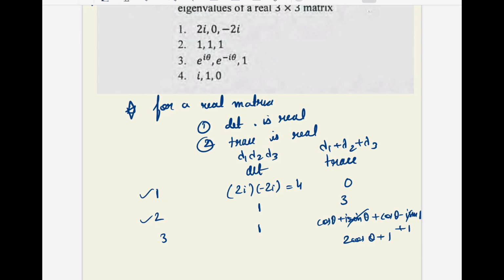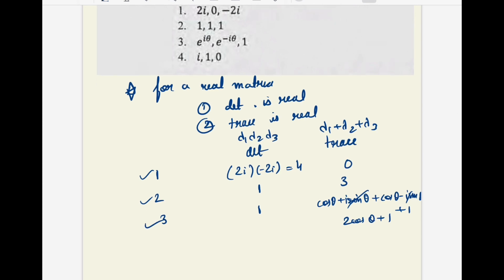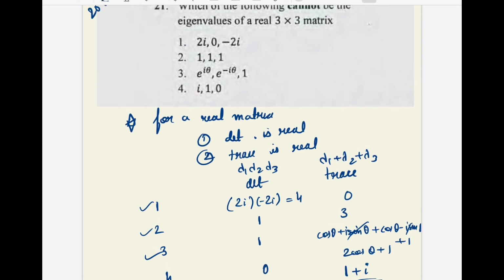Again, it is a real one. Now the last option, fourth: the determinant is the multiplication of these eigenvalues, that is 0, and the sum will be 1 plus i. So it is not real. So this is complex. So the fourth option is not correct.